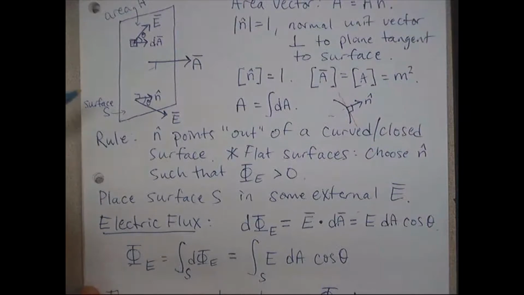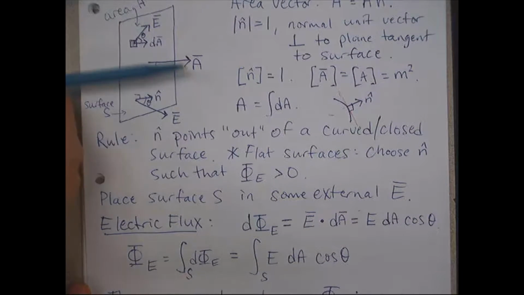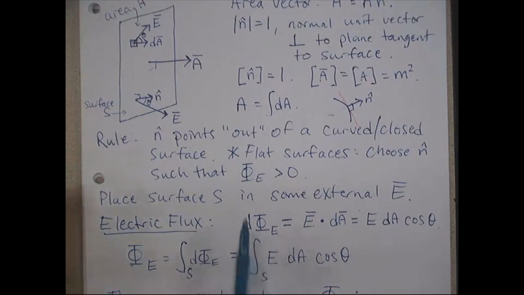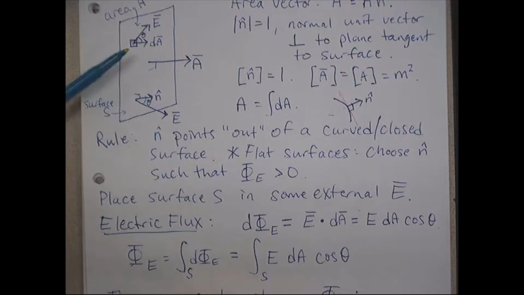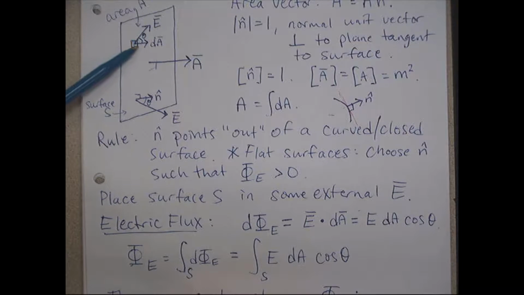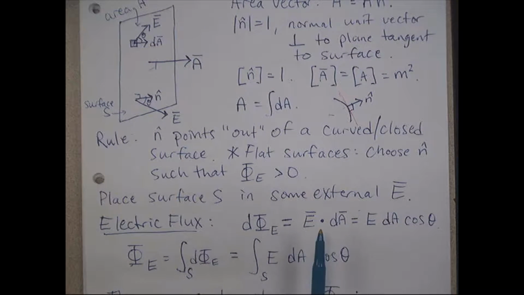So if you want to compute the electric flux through this surface A, we need to first get the differential or infinitesimal flux through each small patch of area, dA, and you get that by computing the dot product of the electric field and the dA vector. The dot product gives you E dA, the magnitudes of the two vectors, times cosine theta.